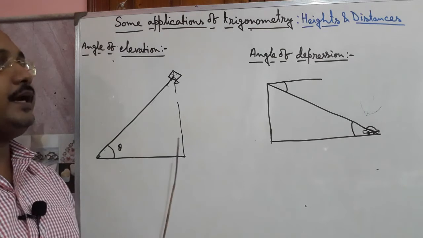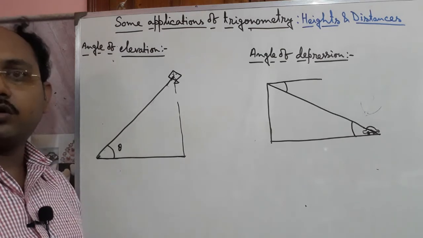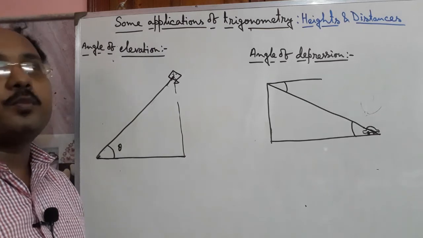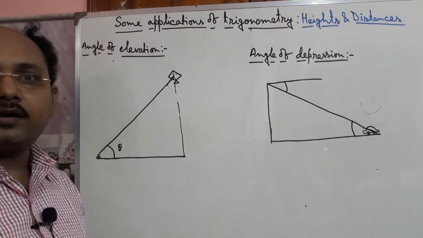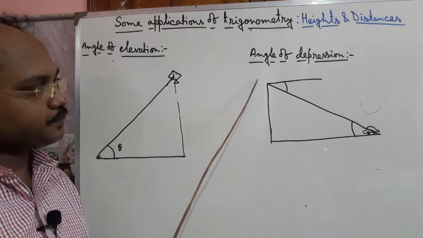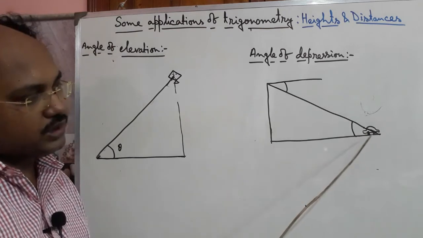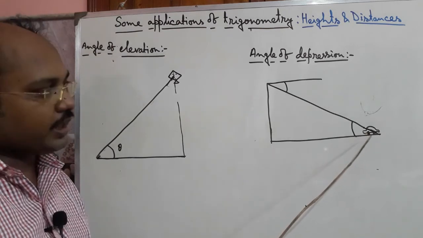Similarly, when we are looking at a thing which is on the road, on the ground level, from the top of our house, from the top of our building, then we have to look downward to see. Here it is a car on the ground.